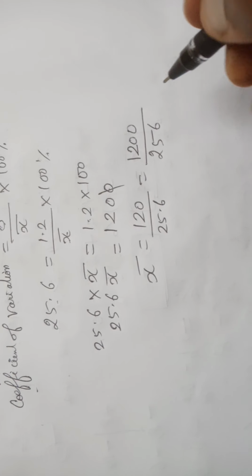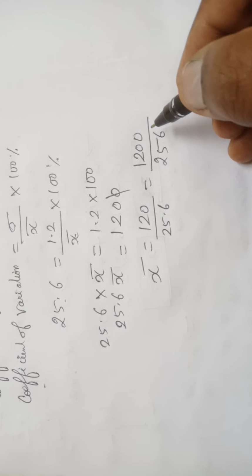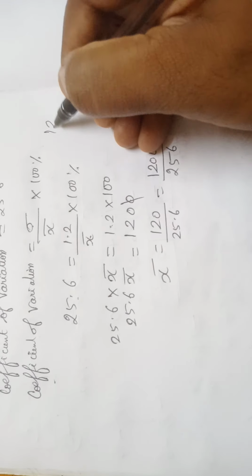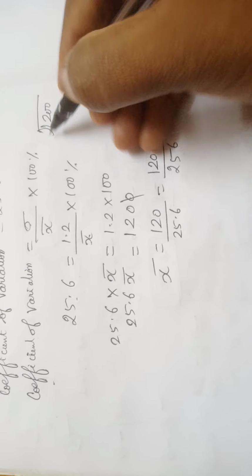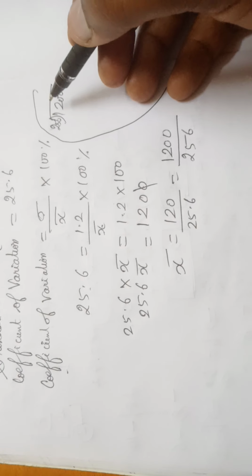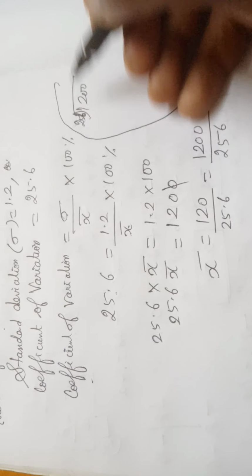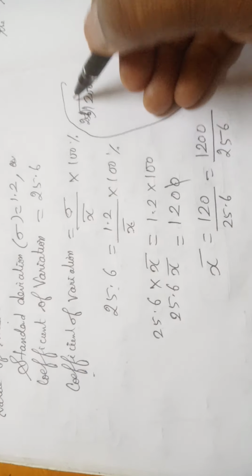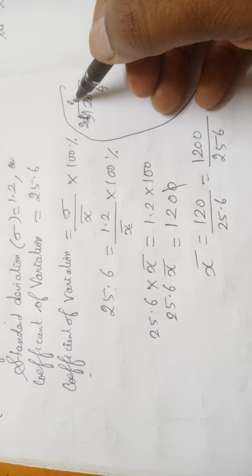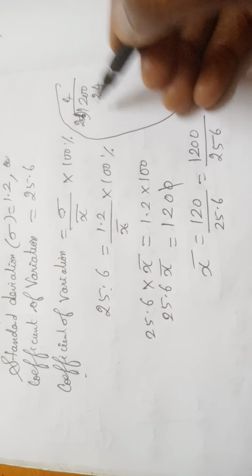So now how do we divide the value? 1200 divided by 256. For example, 4 into 256 is how much? 4 into 250 is 1000. So 4 into 6, 24. Balance 2. 4 5s are 20. 20 plus 2, 22. Balance 2. 4 2s are 8. 8 plus 2, 10.